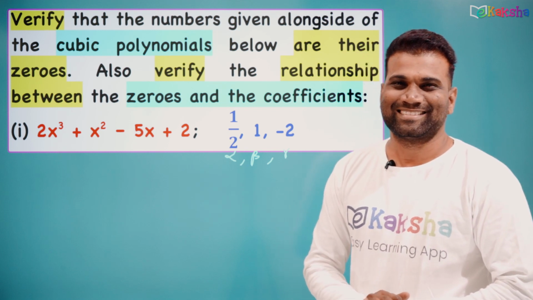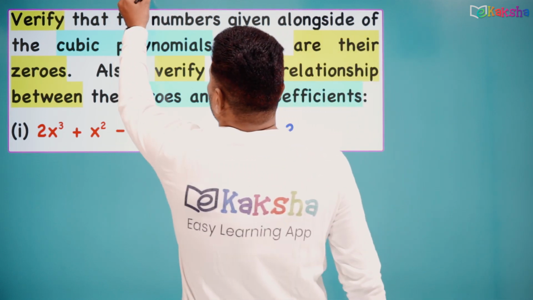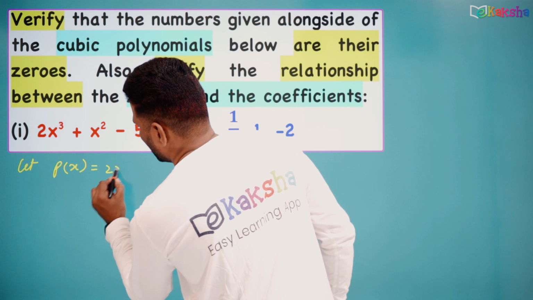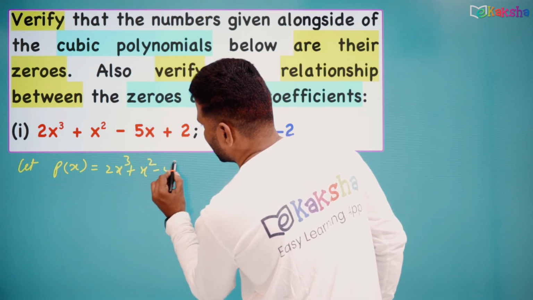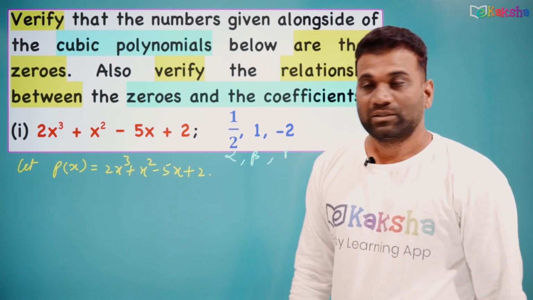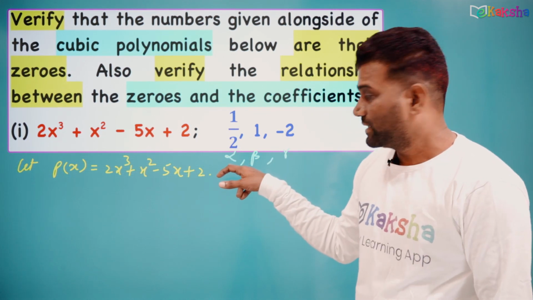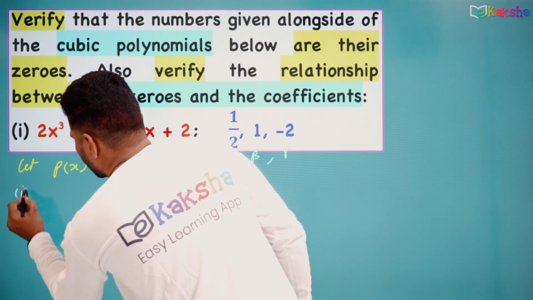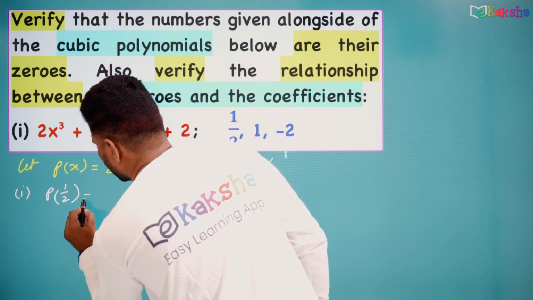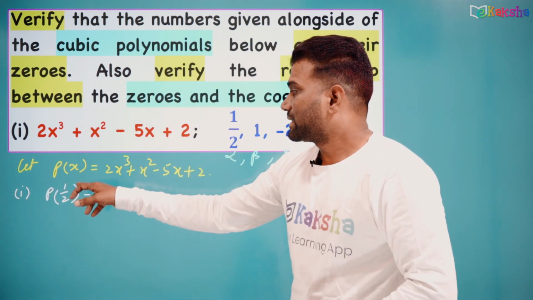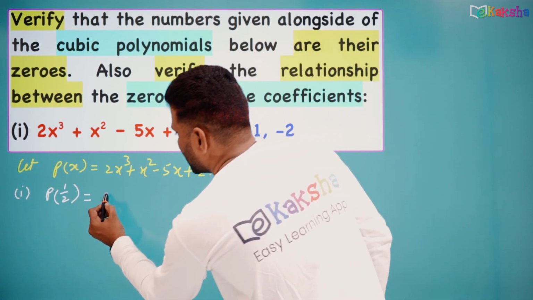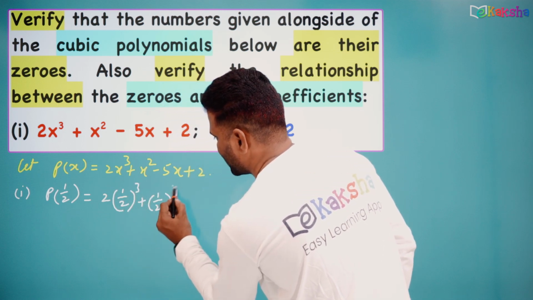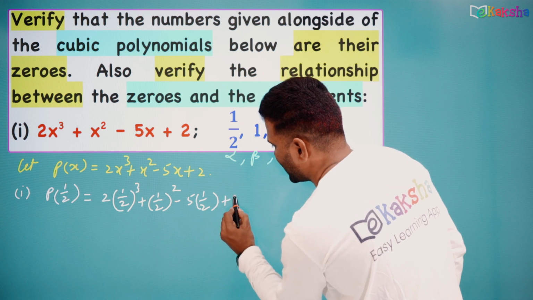Okay, let's do it. Very first, let us give some name to the given polynomial. Let p of x is equal to 2x cube plus x square minus 5x plus 2. First we will check whether alpha, that is half, is a zero of this polynomial or not. p of half, simply we substitute x equals half. 2 times half whole cube plus half whole square minus 5 times half plus 2.